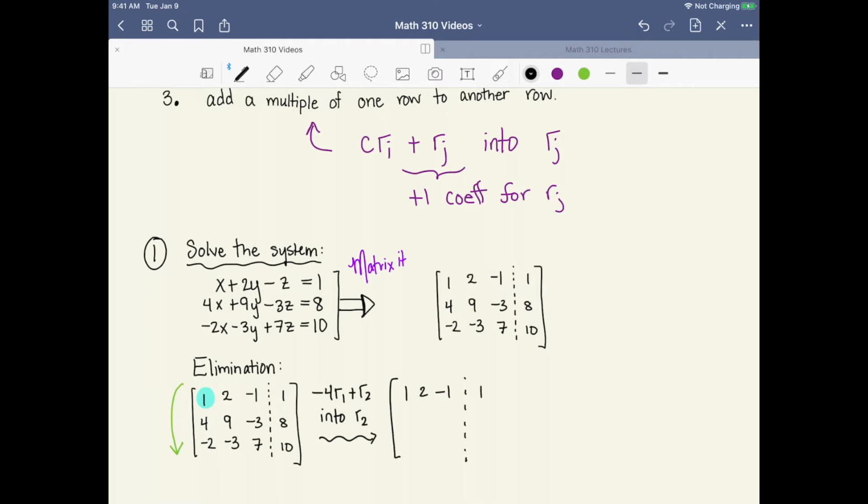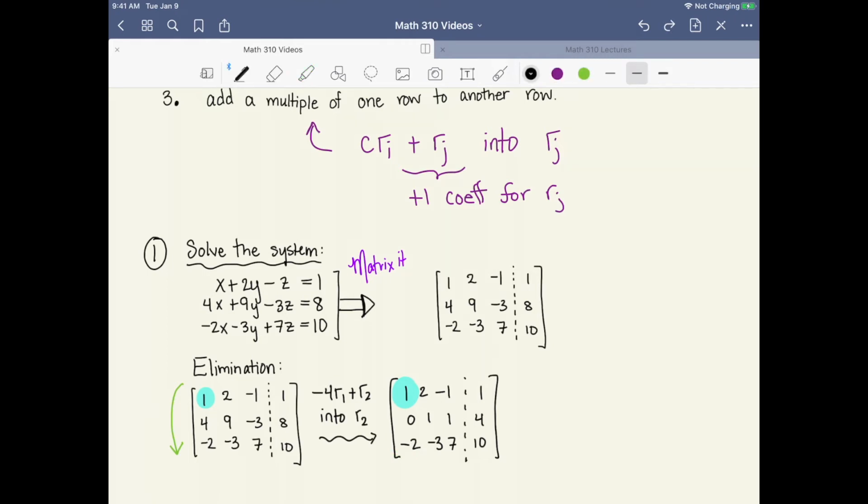The first row does not change, and the third row does not change. The only row that changes is the middle row, and it becomes 0, 1, 1, 4 after applying this row operation. I'm going to keep using 1 as my pivot. So I still haven't cleared out the first column, and so I've gotten rid of the 4, but I still haven't gotten rid of this -2.